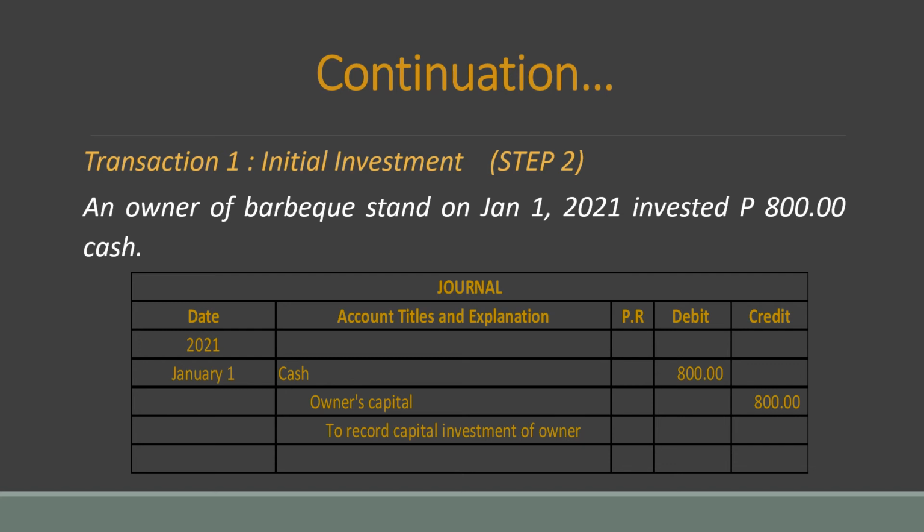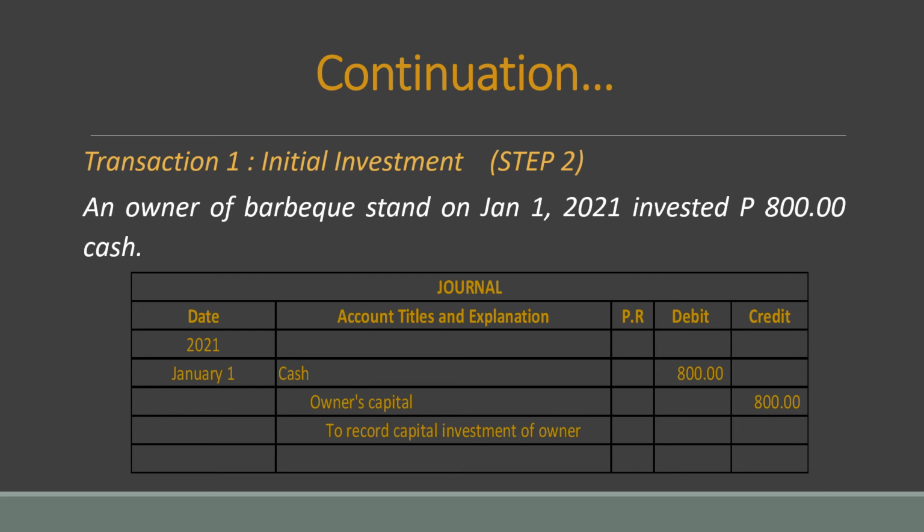So, based on step 1, cash is increased and cash should be debited kasi nagkaroon ng increase sa cash. Kaya natin dinebit yung cash. Okay? The first account or the account that is debited is to be entered at the extreme left. At the extreme left, kaya kung makikita nyo, nasa extreme left side siya ng general journal.